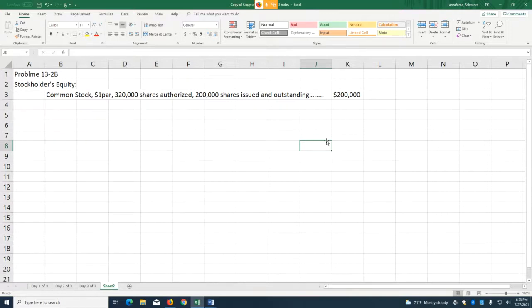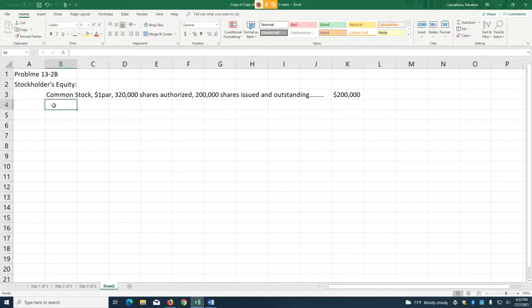Whatever is outstanding, that's what you multiply by the par. So how could issued be different than outstanding? The company may have purchased some of its stock as treasury stock. So there was at one point 300,000 shares issued, but then they removed 100,000 from the stock market. So now there's only 200,000 shares that are actually outstanding. But because it says 200,000 shares issued and outstanding, there's no treasury stock as of right now.